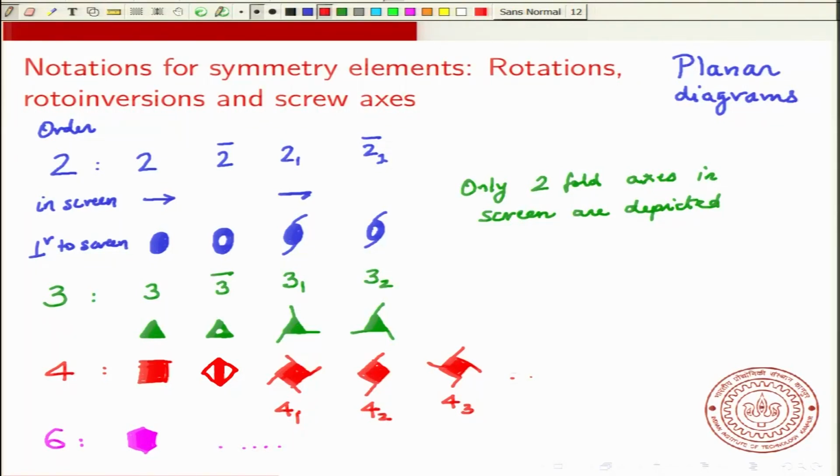Similarly, you have more of these 4-fold axes. I'm not showing all of them, just a few so that you get a general idea of how rotation axes are represented in the planar figures.